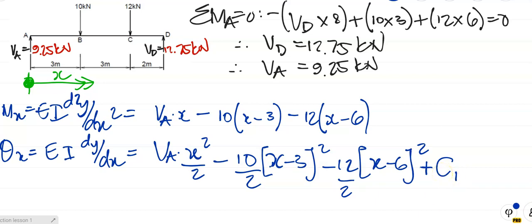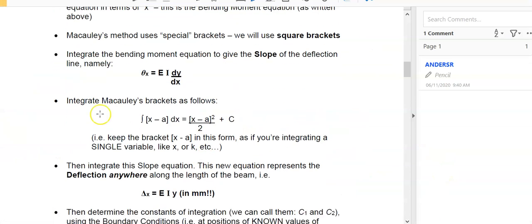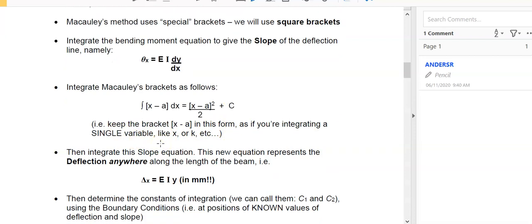Integrate the Macaulay's bracket as follows: keep that as a variable, so if I integrate that, it becomes the bracket squared over 2 plus c. Keep the bracket in this form as if you're integrating a single variable like x or k, etc.